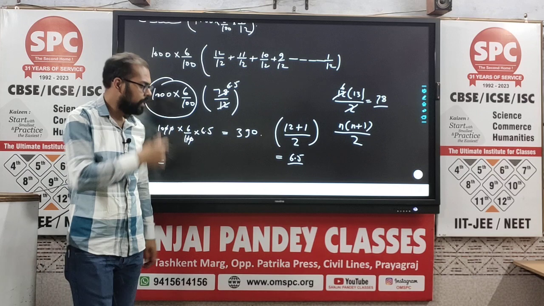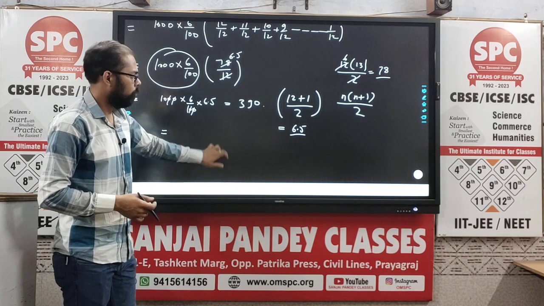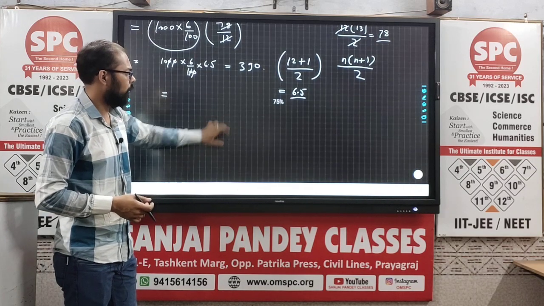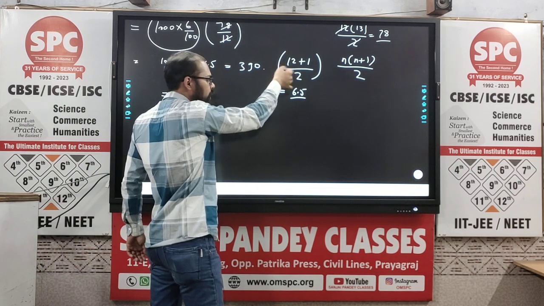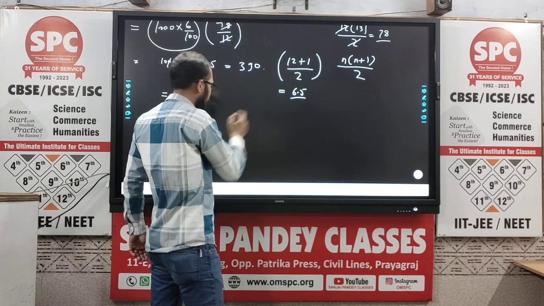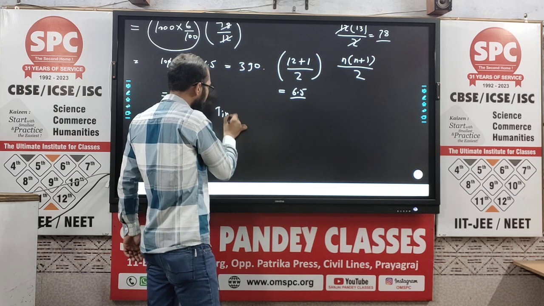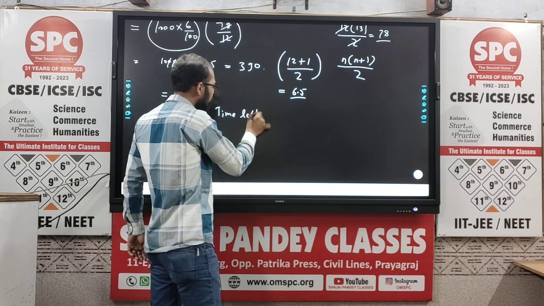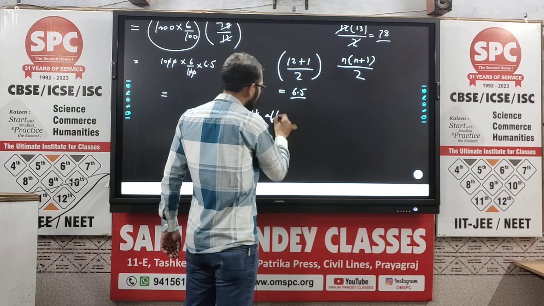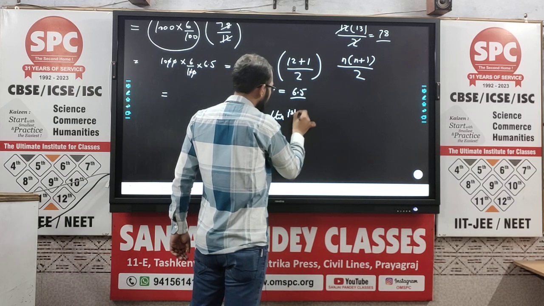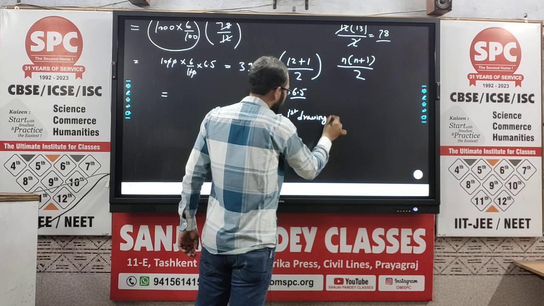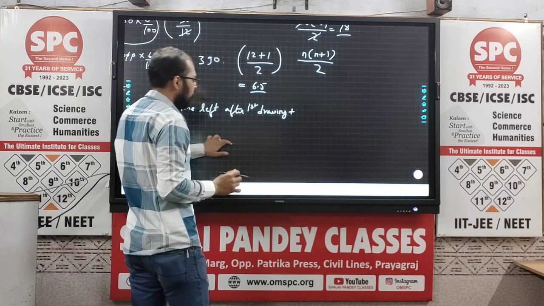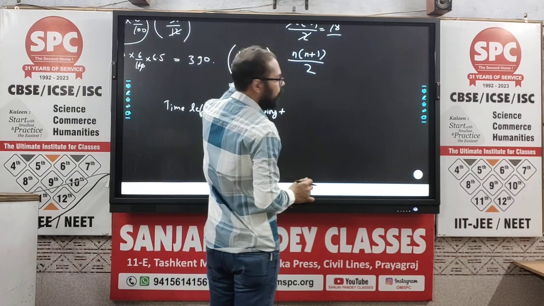Now we can generalize this formula. How? This is the time left after first drawing, plus, what does the value 1 here represent?